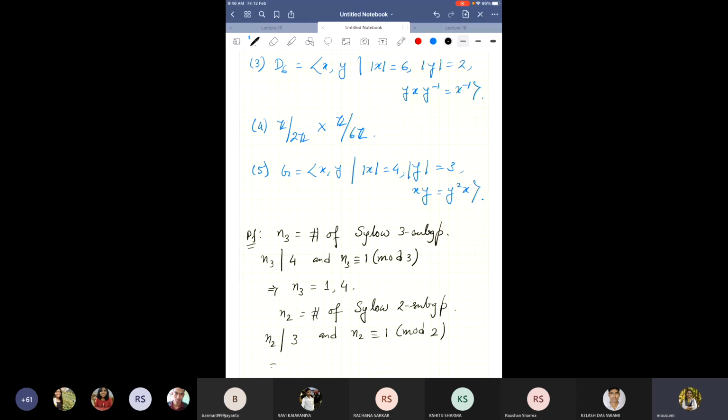What are the possibilities for N2 now? 1 and 3. These are the two divisors of 3 and both satisfy this equation. Therefore, there are two possibilities for N2. Either it will be 1 or it will be 3.